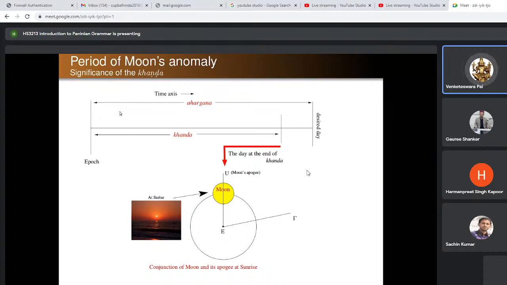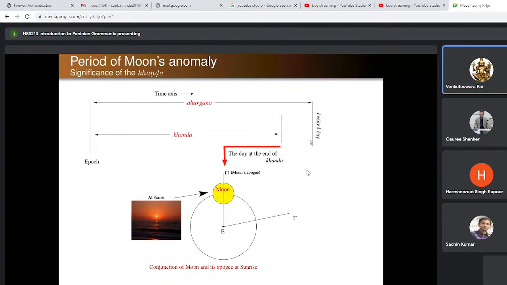In order to understand what a khanda is, we need to know what is known as ahargana. Ahargana is nothing but: ahaha means the day, and gana is a group of days from the epoch. In Siddhantic astronomy, the epoch is generally considered as the beginning of Kali Yuga, that is February 18, 3102 BC. And here you can see the desired day.